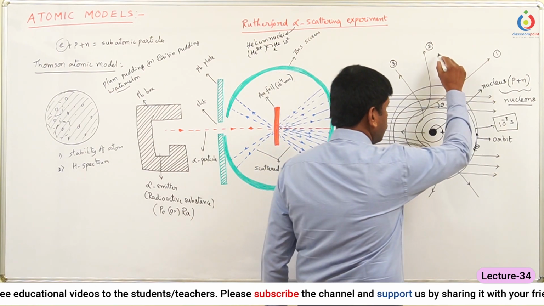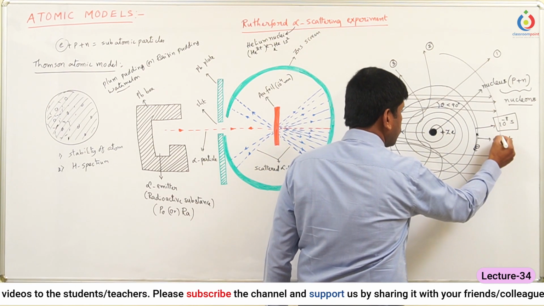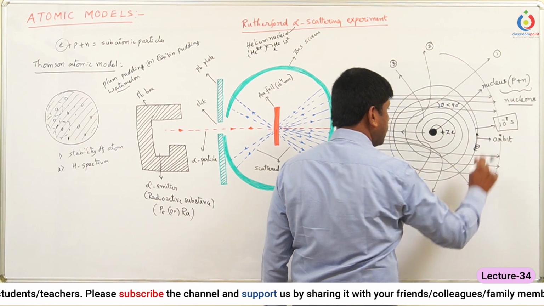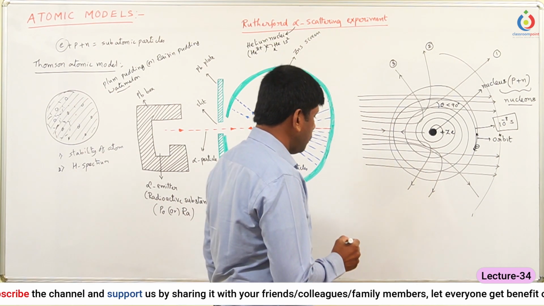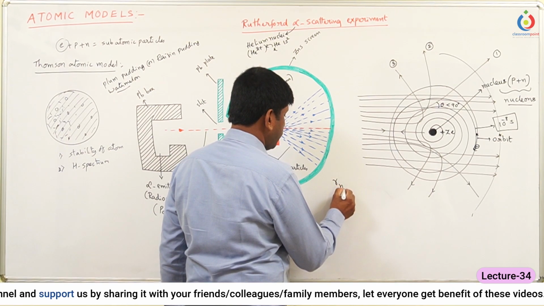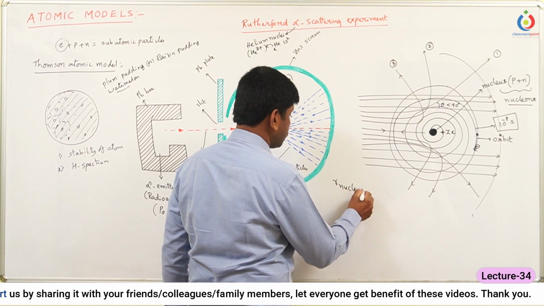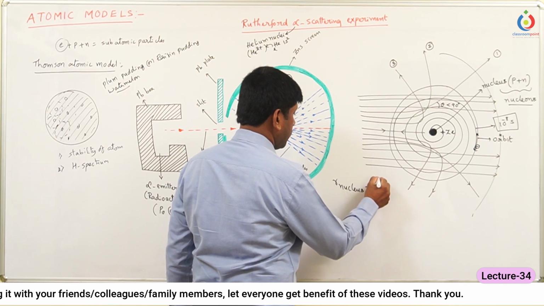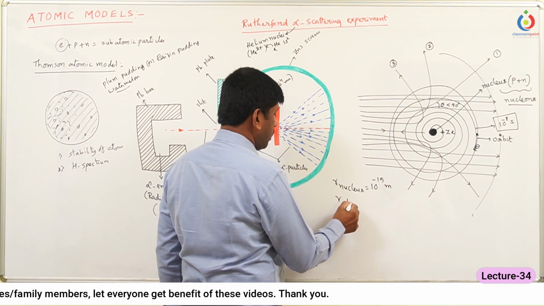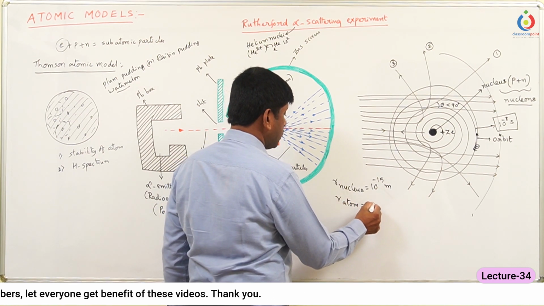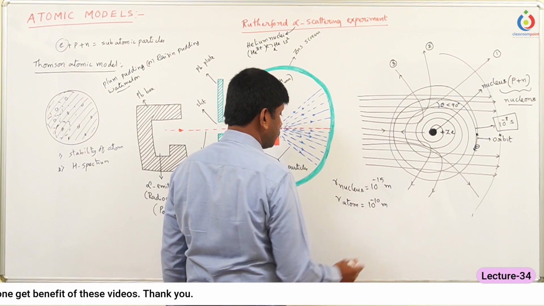Actually the zinc sulfide screen is there, so they are not hitting the screen. Based on that, he was able to give the radius of the nucleus as 10 power minus 15 meters, and the radius of the atom as 10 power minus 10 meters.